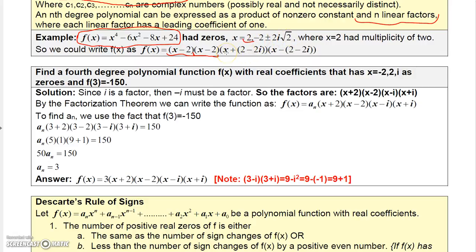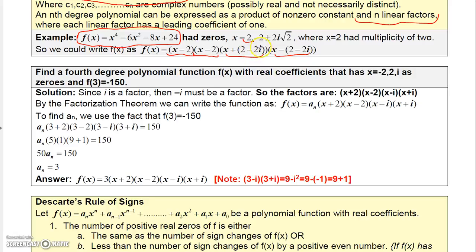So if you subtract the first one, you're going to get x minus that, with x minus this. X minus negative 2 plus 2i would be the same as x plus 2 minus 2i. And then x minus negative 2 minus 2i would be x plus 2 plus 2i.